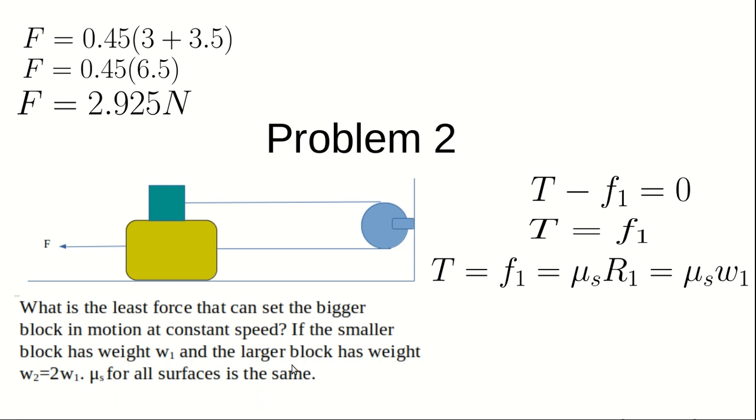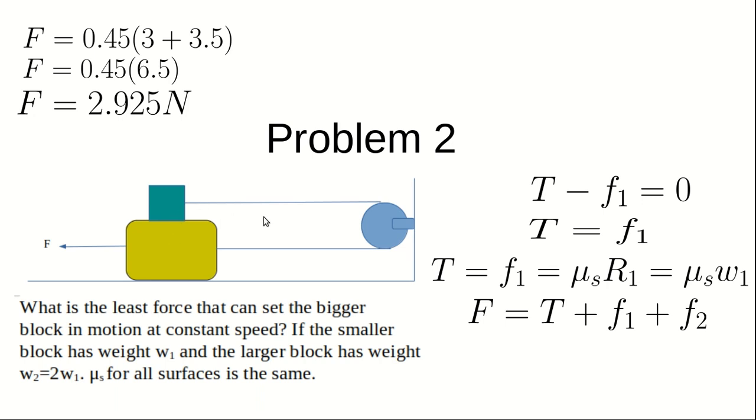Right? Okay, so we'll move on to the second equation for this one. For this expression, we notice that this force here is opposed by 3 different forces. The first one is the frictional force between this surface and this surface, which is opposite. We also have the tension, then we also have the frictional force between this and this block.